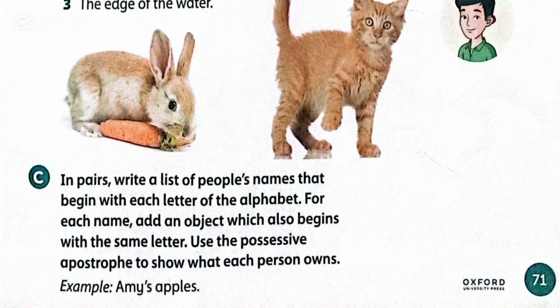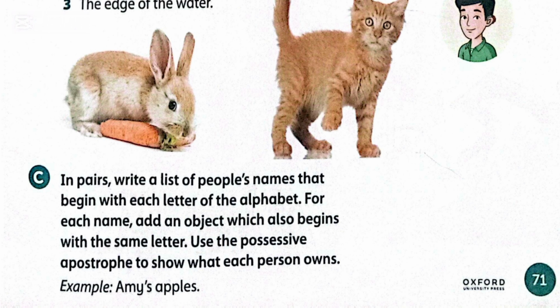Exercise C. In pairs, write a list of people's names that begin with each letter of the alphabet. For each name, add an object which also begins with the same letter. Use the possessive apostrophe to show what each person owns. You have to write the letters A to Z of the English alphabet, then write the names with those letters.